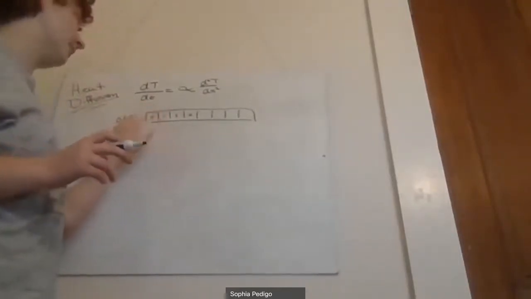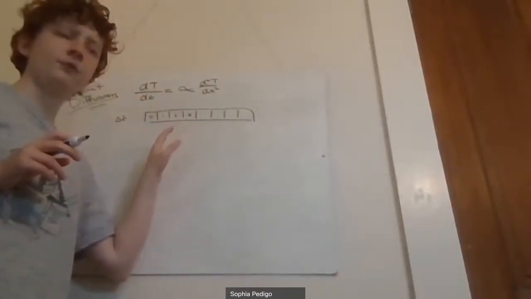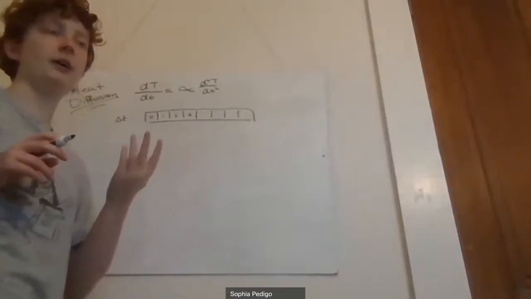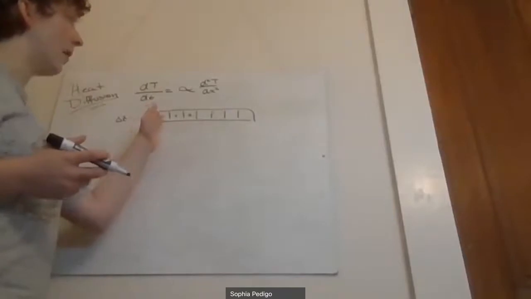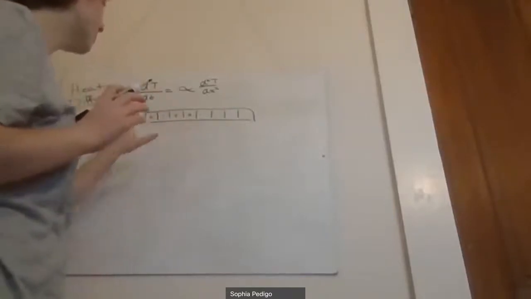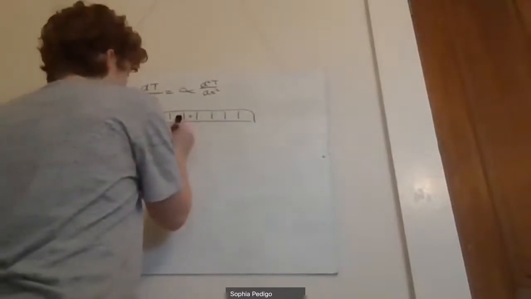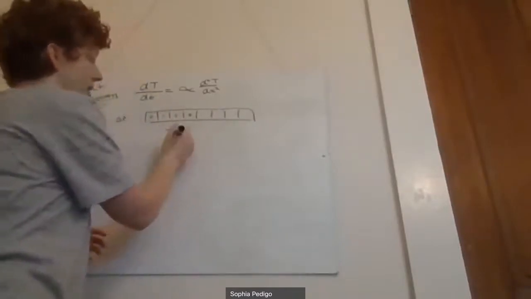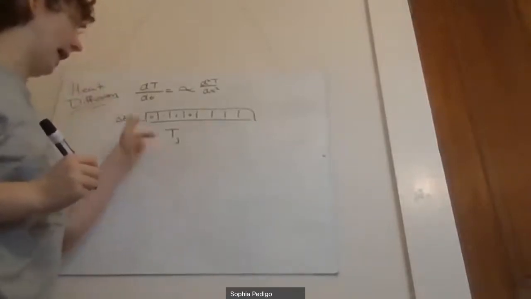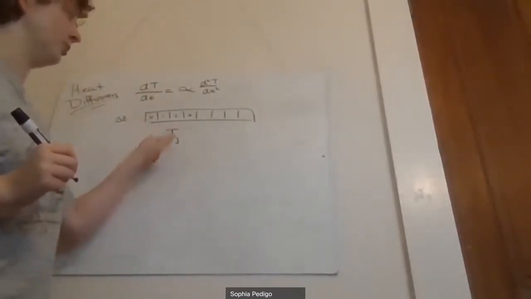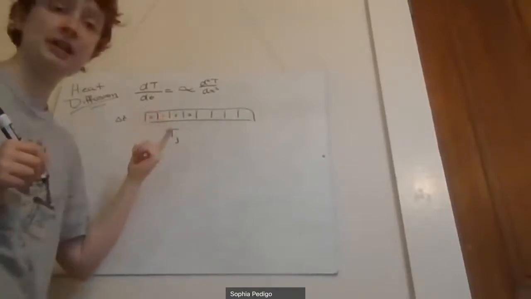But before we go into that, I want to go over the convention I'm going to use for denoting the time and the position on this bar. We're going to call this T for temperature, and this subscript is going to be J for the position. For the first little chunk, J would be equal to 0, for the second one, J would be equal to 1.